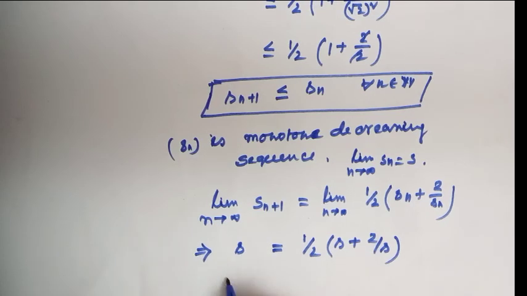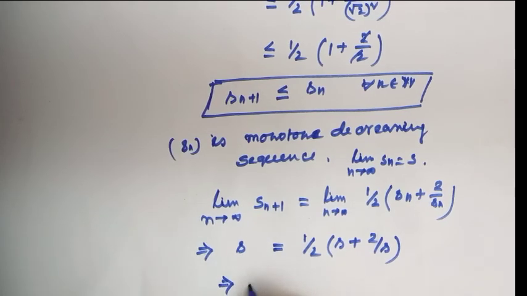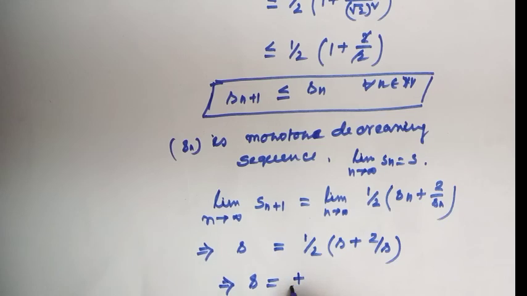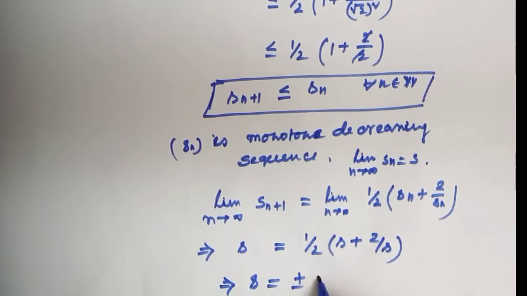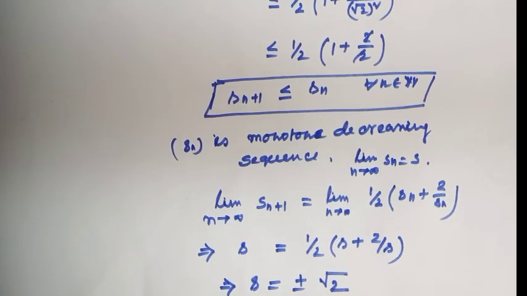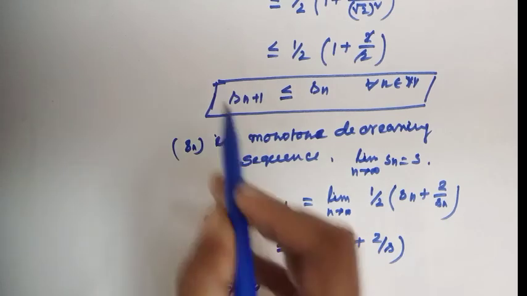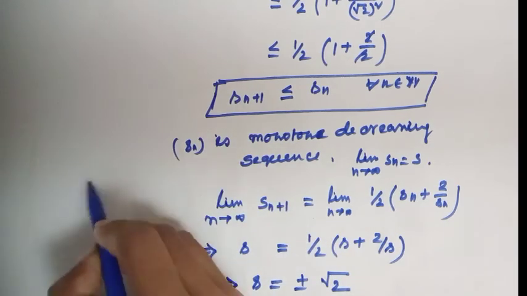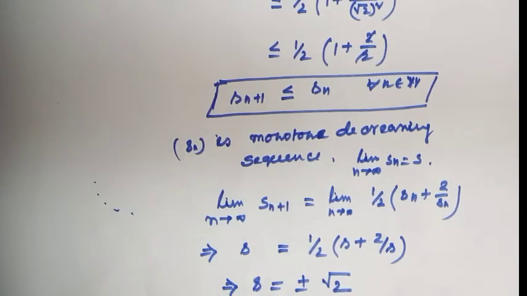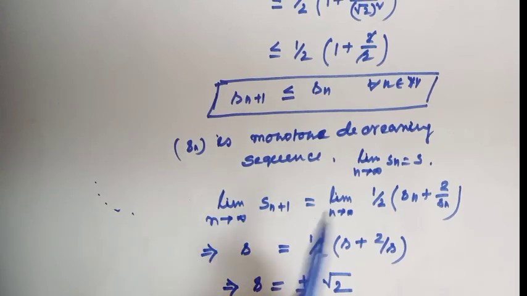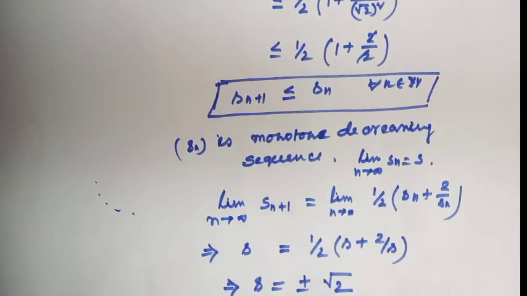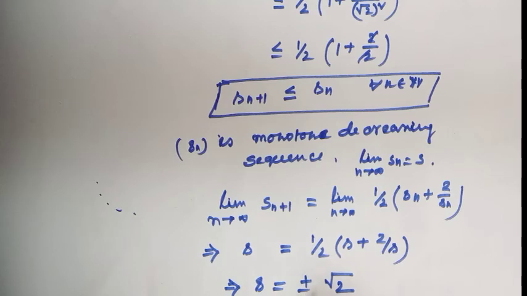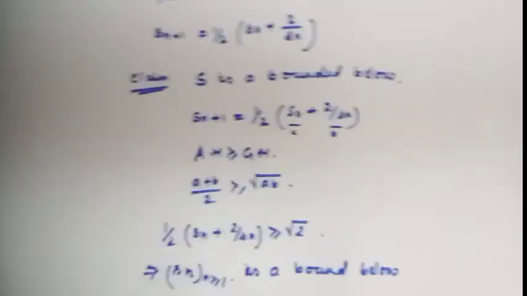If you calculate, you will easily get S equal to plus or minus root 2. Since S_n is monotone decreasing and bounded below by the square root of 2, minus cannot be possible because I consider the sequence of positive terms.